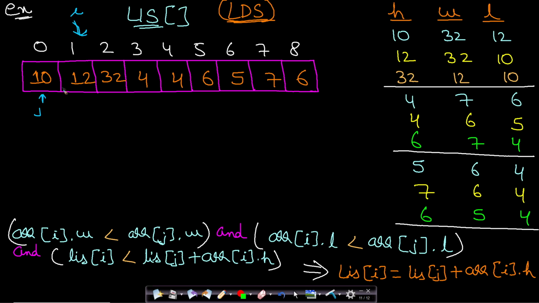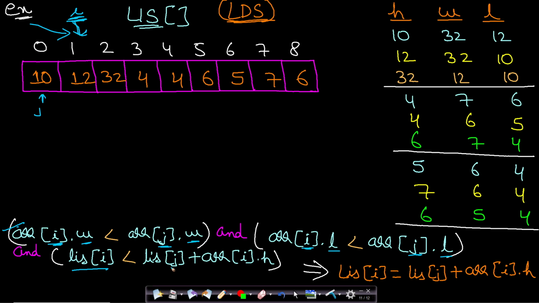In this case, the condition will be: if you are at the ith pointer and you want to find the longest decreasing subsequence, the ith box width should be less than the jth box width, and also the ith box length should be less than the jth box length, because you want to find the decreasing order of the boxes. When these dimensions are strictly lower, the third thing you need to check is whether including the box at the ith point will lead to a longer decreasing subsequence.